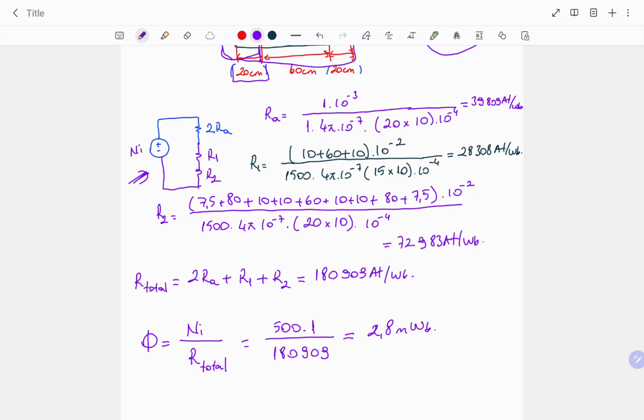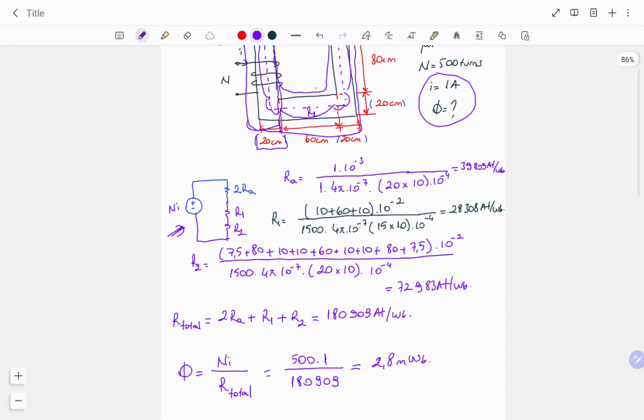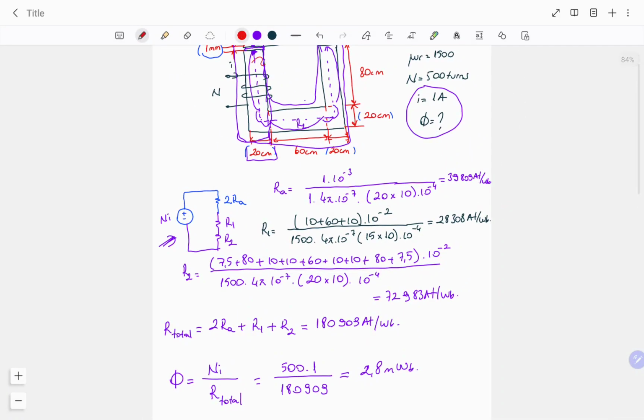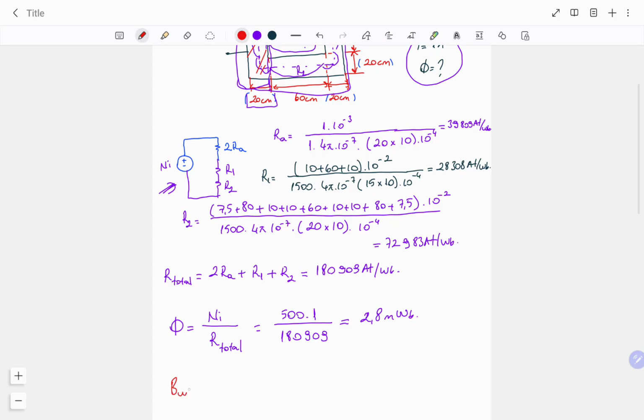In addition, in the different cross-sectional area parts of the circuit, we can determine the magnetic flux density values. For example, if we want to calculate the magnetic flux density for the left leg, where the winding is located, our expression must be flux over the cross-sectional area of this leg.